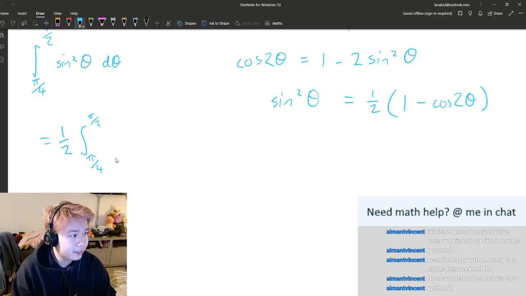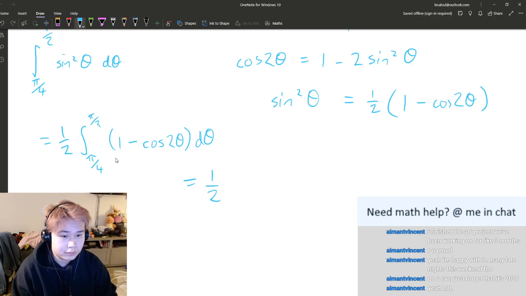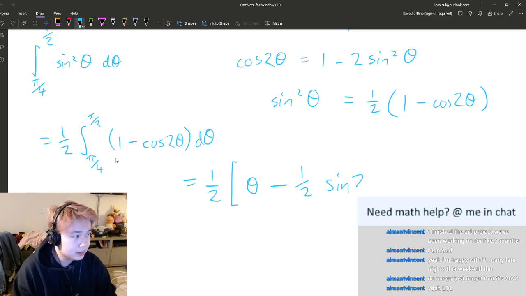And then we can pull the 1/2 out, and then take the integral of each part. So then this just becomes theta minus 1/2 sine 2 theta.